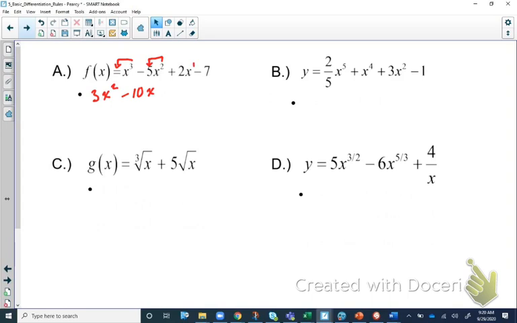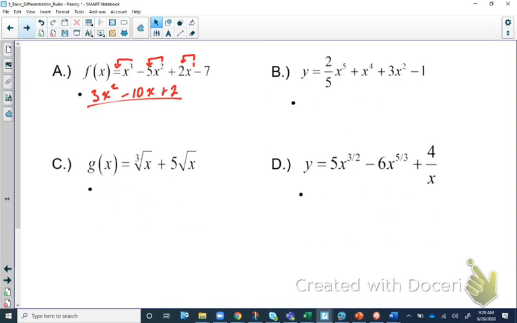And then here the exponent is 1, so when I multiply the 1 by the 2, that gives me a 2, and if I drop the power on the exponent by 1, that'll give me x to the 0 power. So x to the 0 power is just 1, so 2 times 1 is 2. And the derivative of the constant negative 7 is 0, so we don't write the 0. So this is the derivative of the polynomial.